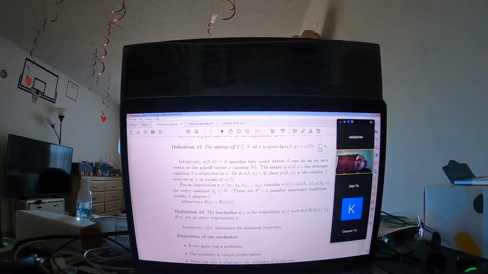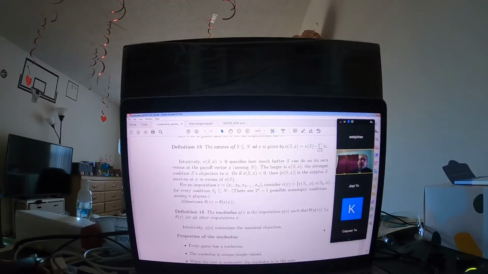This notation, theta of X, is the notation we defined before. E of X lists all of these numbers. Theta of E of X is then going to rearrange those from highest to lowest, but I'm going to abbreviate that because there's no reason to carry that E around. So theta of X is the ordered vector or list of excesses in decreasing or non-increasing order.